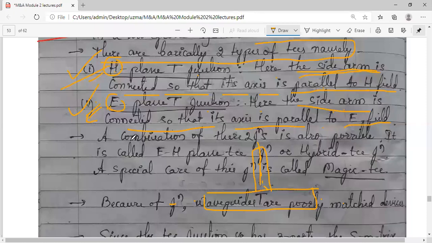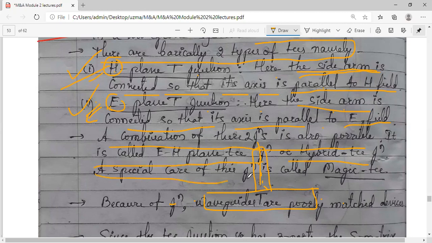We will come across one more type of waveguide T, called the hybrid T-junction. Hybrid means we take both H and E together, so we will be forming a hybrid junction. Actually there are majorly two types, and the third one is a combination of the first two. We call it the EH-plane T-junction or hybrid T-junction.